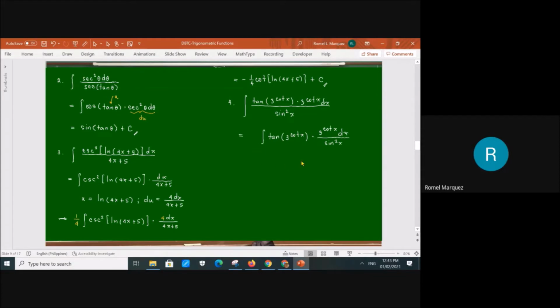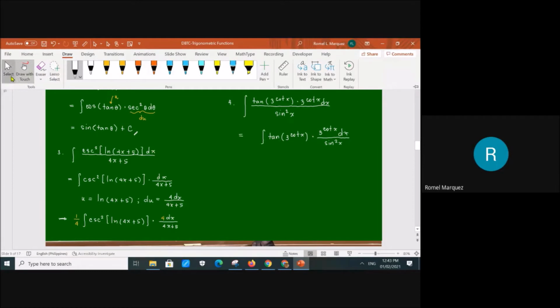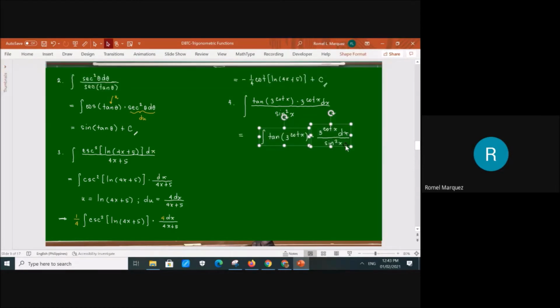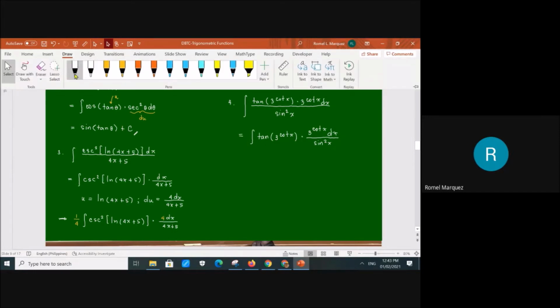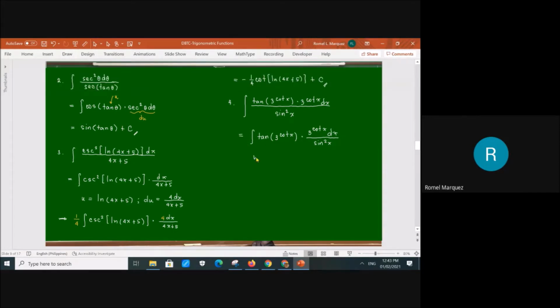So we now identify the u. Our u is 3 to the cotangent x. What is its du, guys?